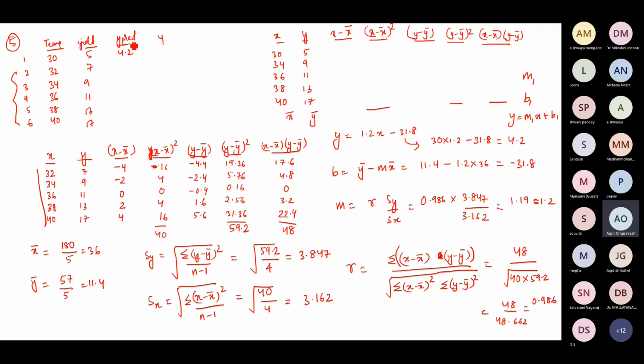After that, you will calculate y predicted minus y mean. In this case, the y mean will be the mean of the whole thing, which was 10.33.